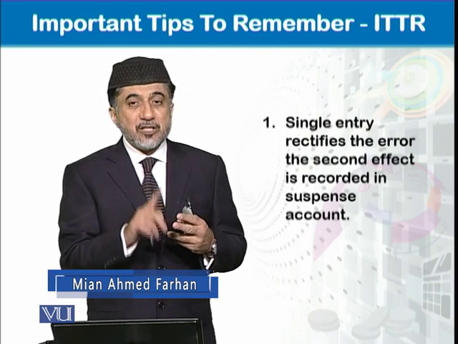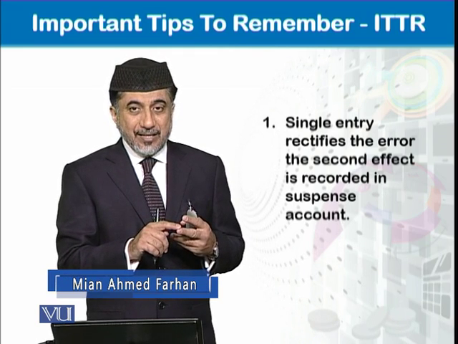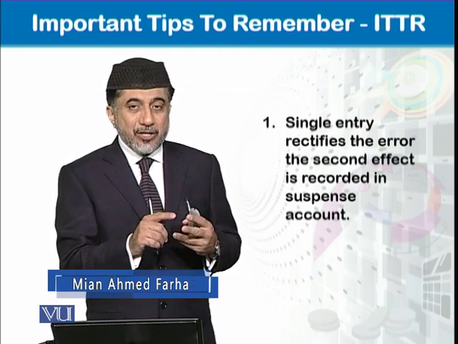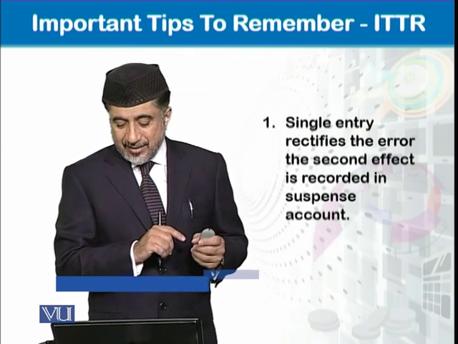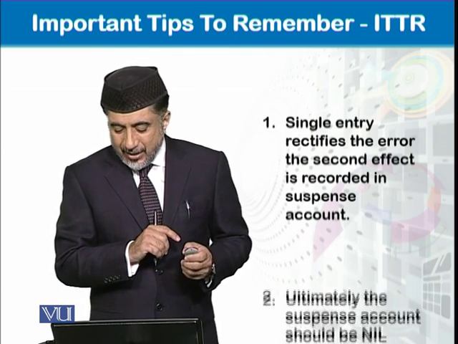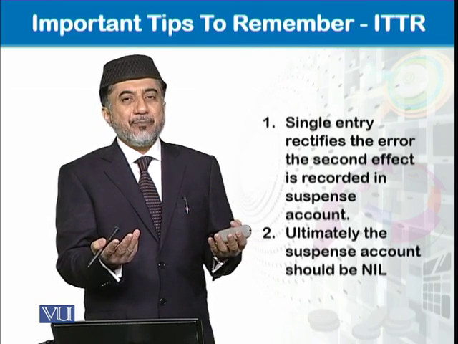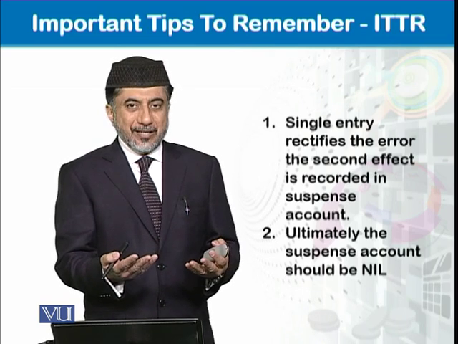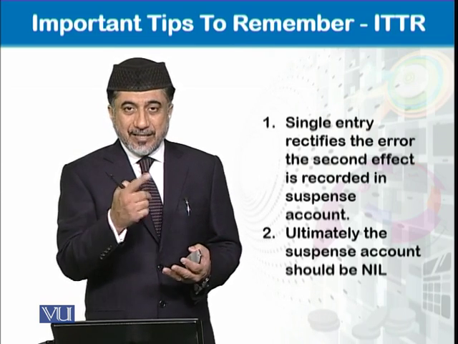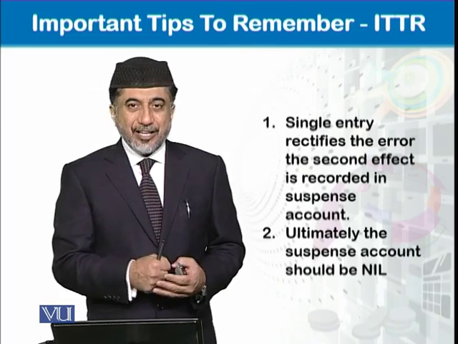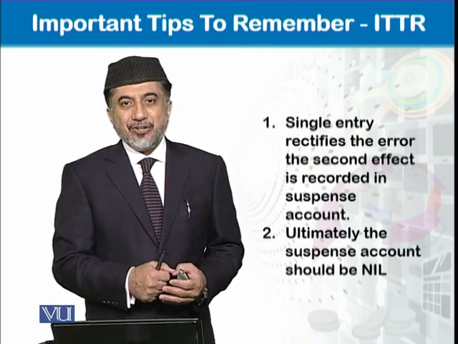Otherwise, the suspense account will never be eliminated. Ultimately the suspense account should be nil, and by doing this, the suspense account will be nil. All right, so practice this and it will give you a perfect knowledge. Thank you.